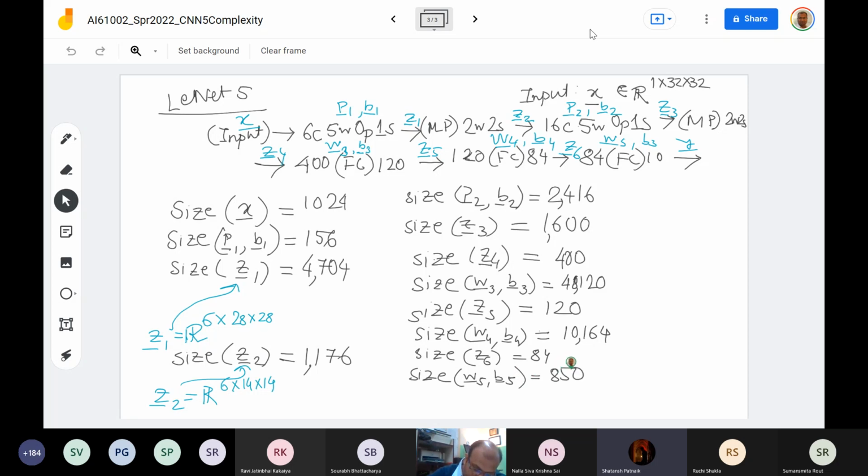And size of Y is 10. Okay. So now just sum total.